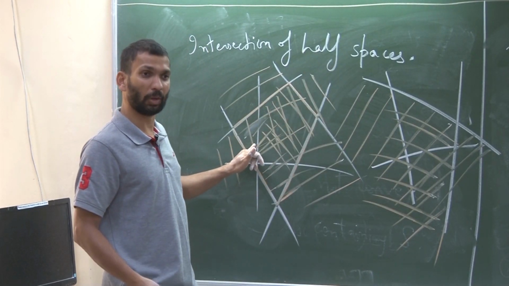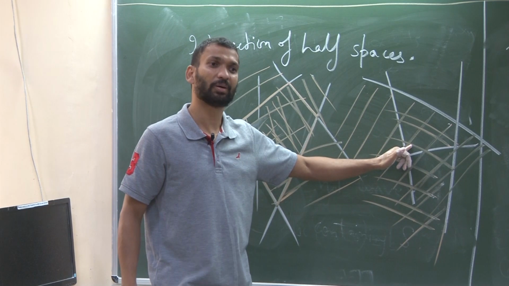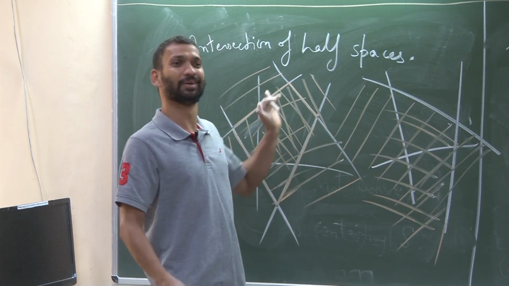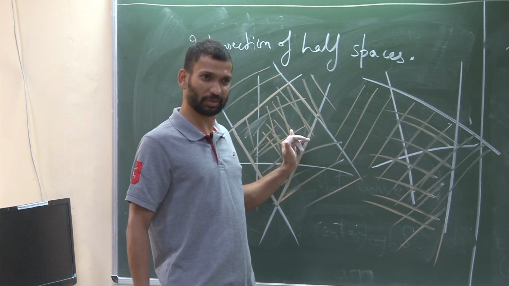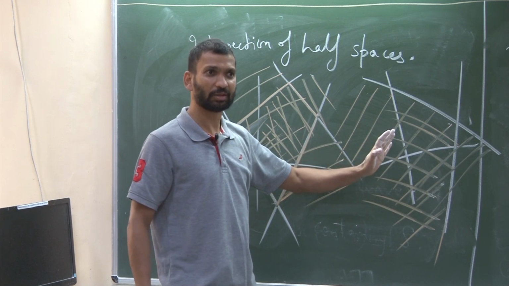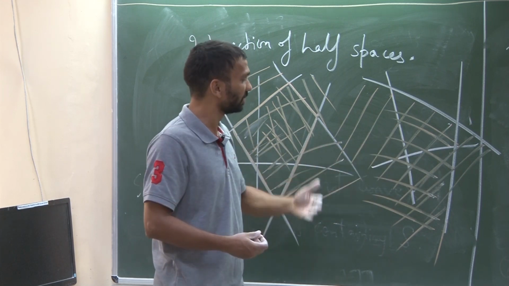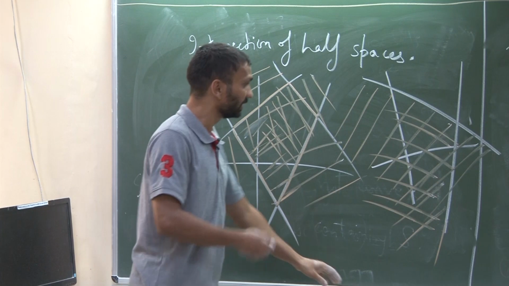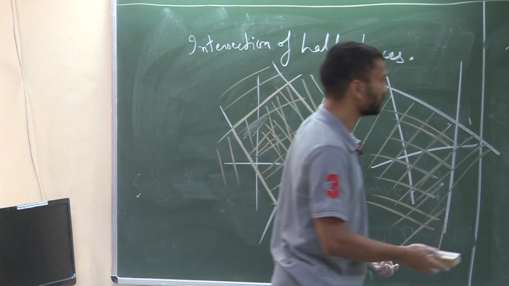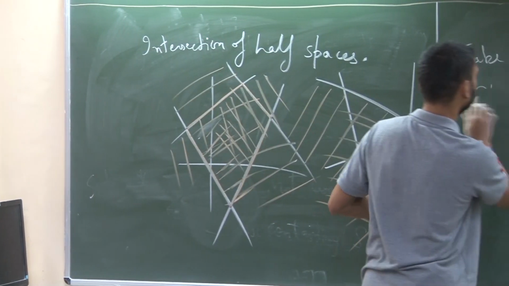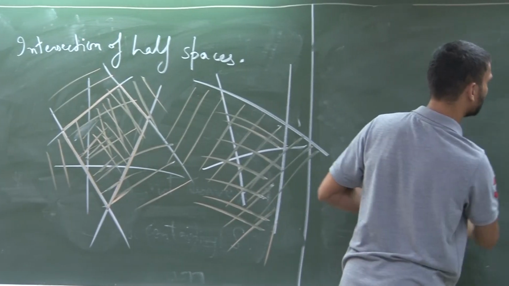This is a polygon, this is a polytope, this is also a polytope, but this is also a polygon, right? Clear? So, this is what we achieve with this intersection of A transpose X less than equal to B.